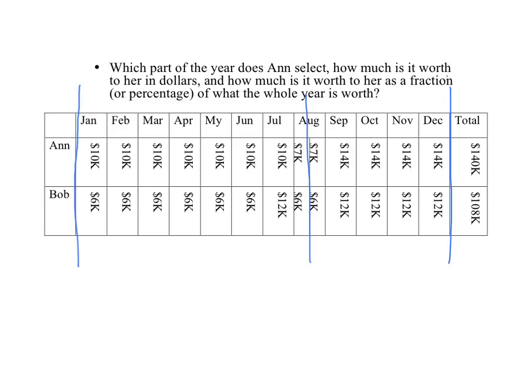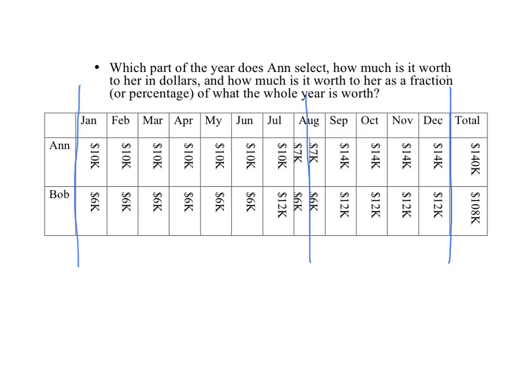Now we focus solely on her values. So we have to respect Bob's division. Ann can only choose January through mid-August, or mid-August through December. Those are the only choices available. Bob has determined the limits of the shares. However, she has to determine, based on her own value system, which of the two shares she will select.